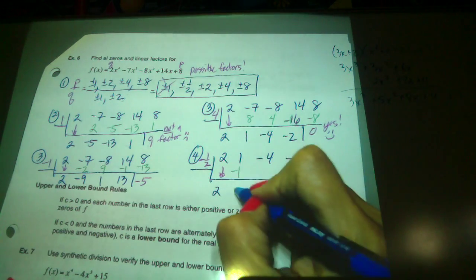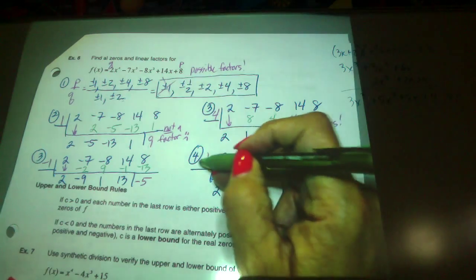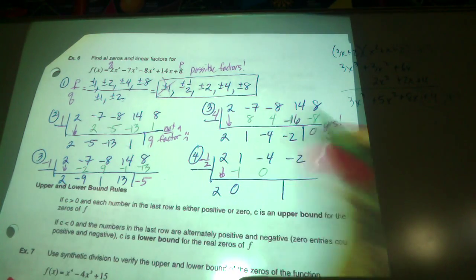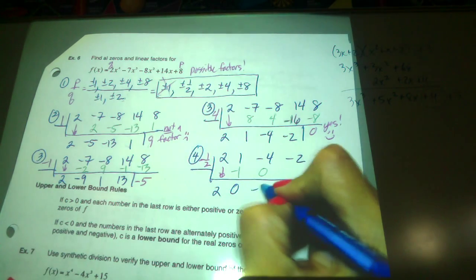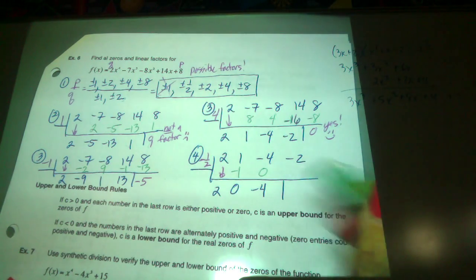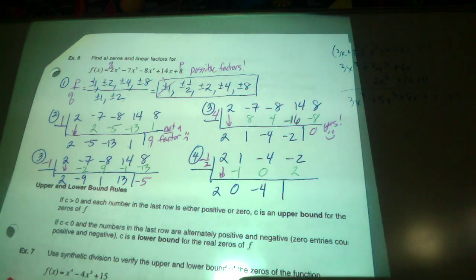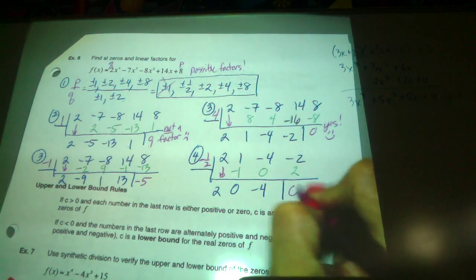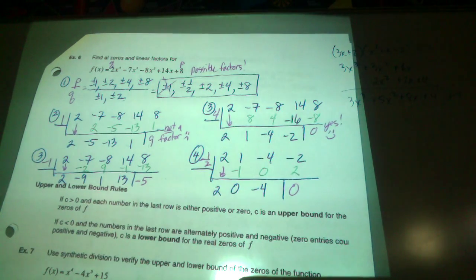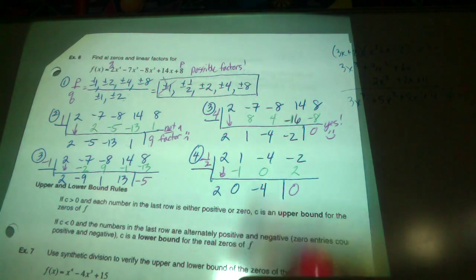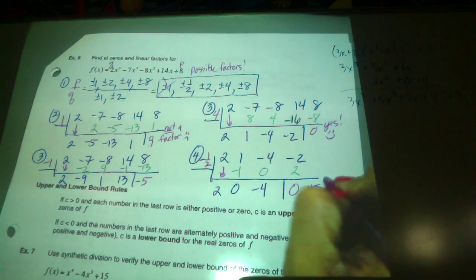Add down, we get 0, which is always nice. Negative 1/2 times 0 is 0. Add down, you get negative 4. What's half of negative 4? Negative 2 times negative, so you get a positive 2, which, oh, looky there. But I wouldn't have tried that. Negative 1/2 would have been the last one I would have tried. So there's a factor. Yes, another one.